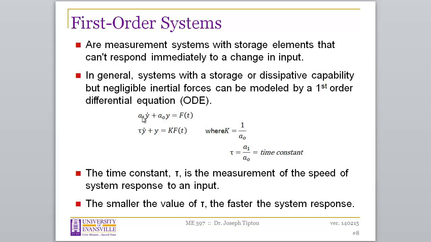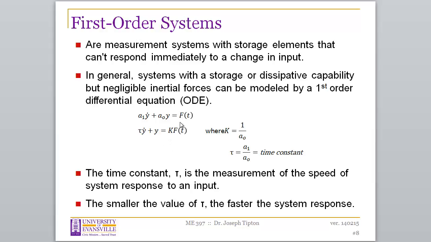Again, we have the mathematical model, and we can re-express that such that the parameters now have physical significance. So what we'll do is divide through by this constant a0, and we'll call this ratio tau, Greek tau symbol, or a time constant.